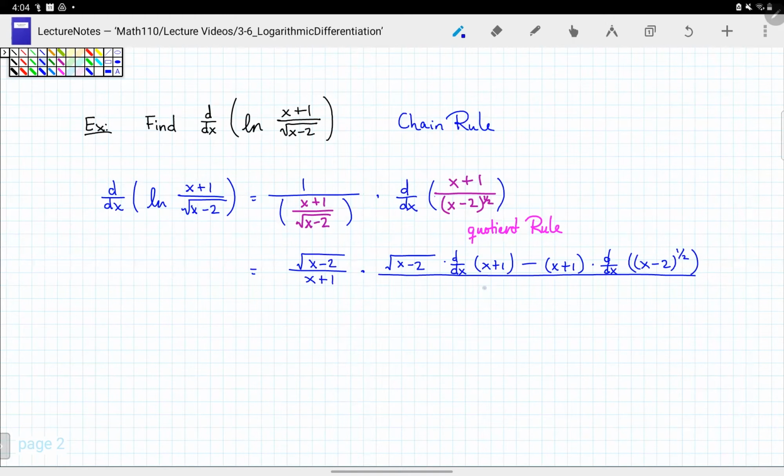So I'm just going to rewrite that as square root of x minus 2 squared.